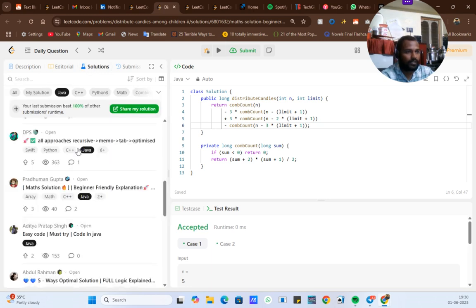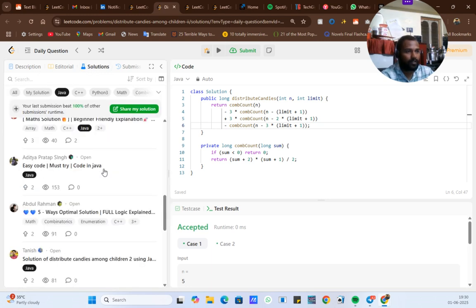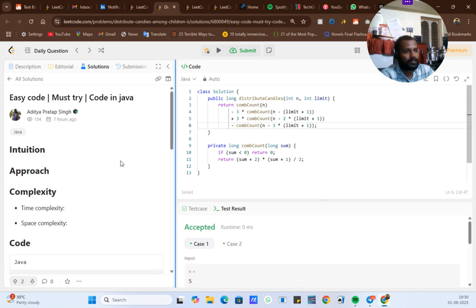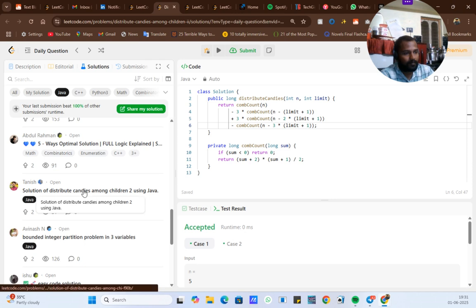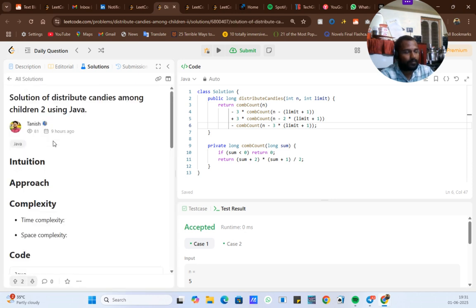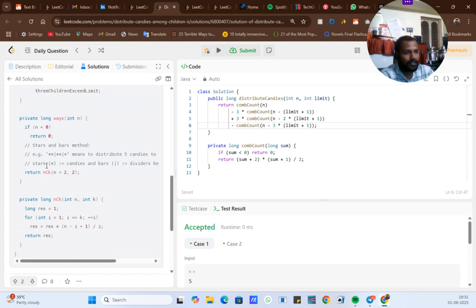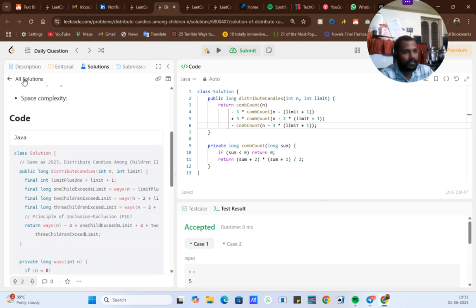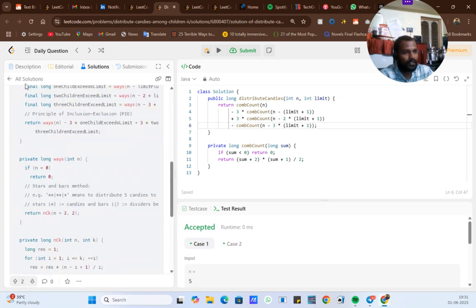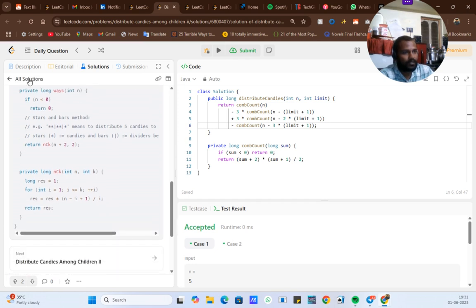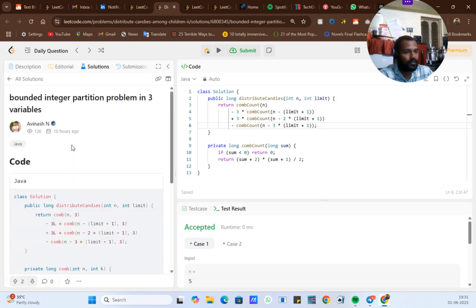We can see other people's approaches, how other people solve this problem, and we can understand the solutions given here. We can understand their solutions and their approach instead of solving by brute force in our own way.